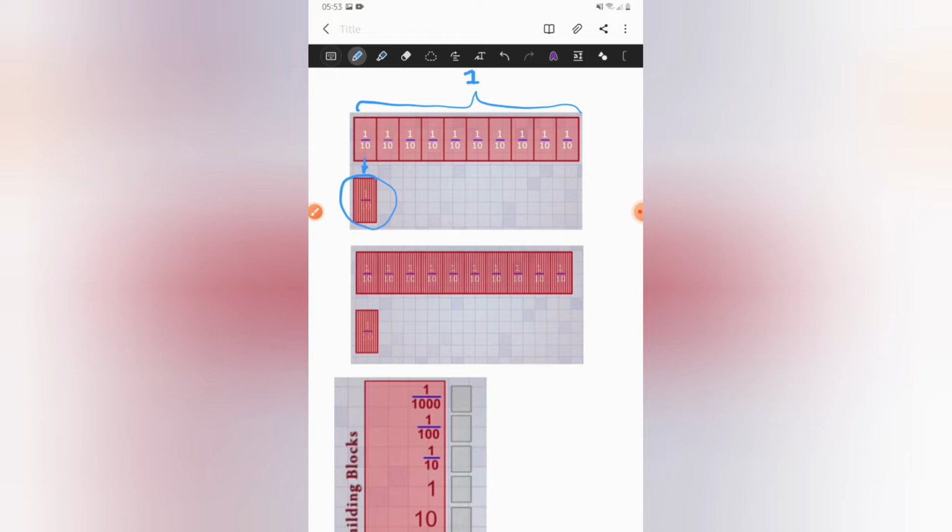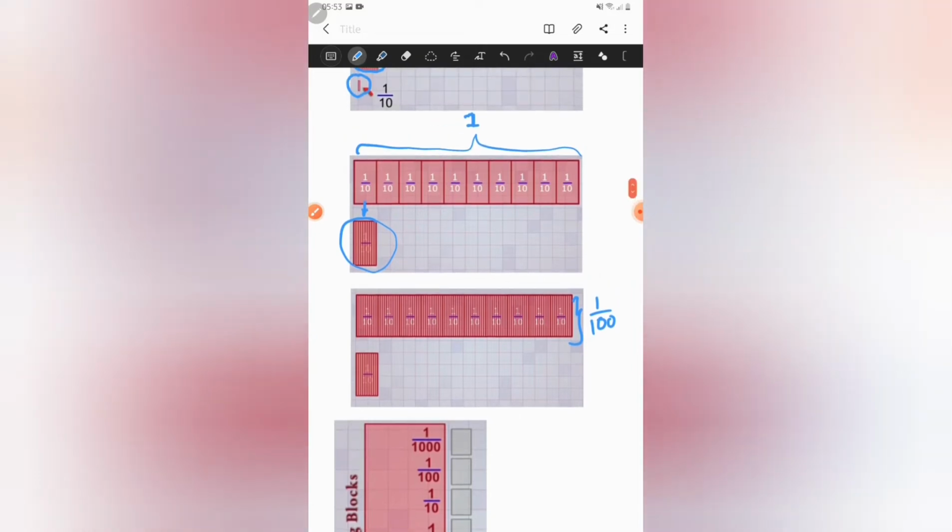It will be 10 for each 1/10, and now this fraction is actually 1/100, because we now divide one whole into 100 equal pieces.